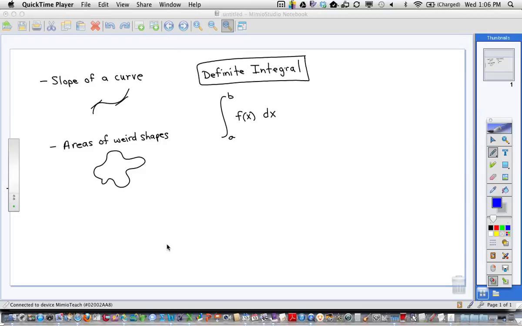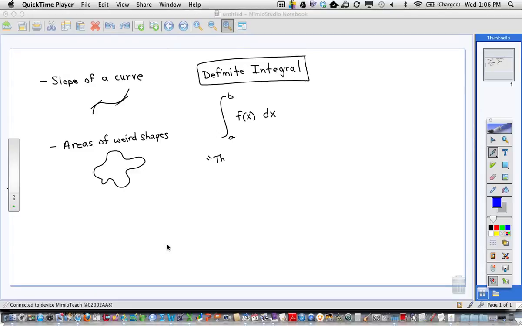Just like when we started with derivatives, I just told you, hey, this little slash we're going to call f prime, and it means slope, right? And then we just went from there. Well, we're going to do the same thing with this. Now, what does this mean? F prime means slope. We call this integral, but what's integral mean?